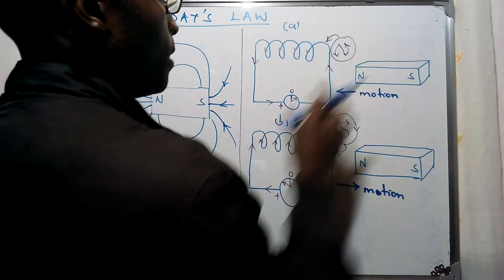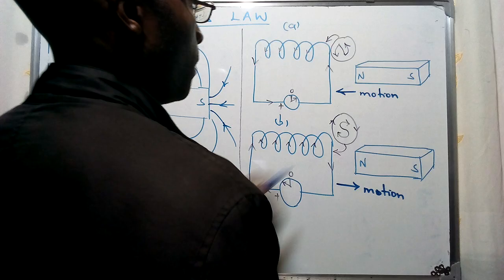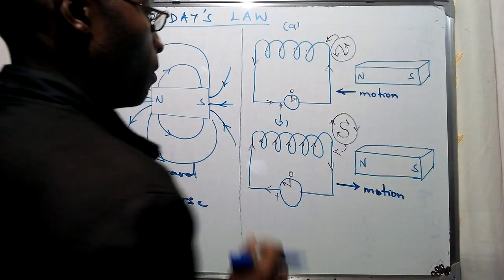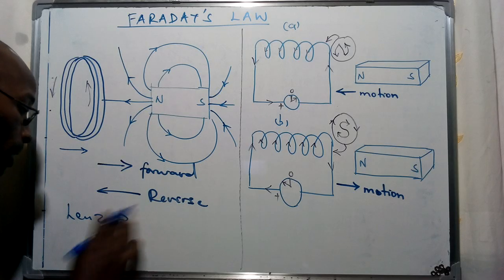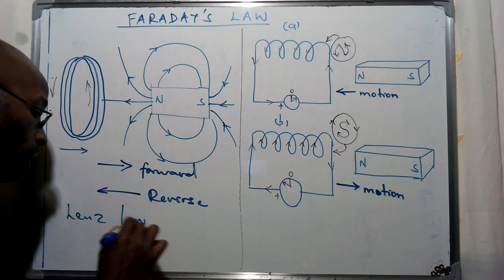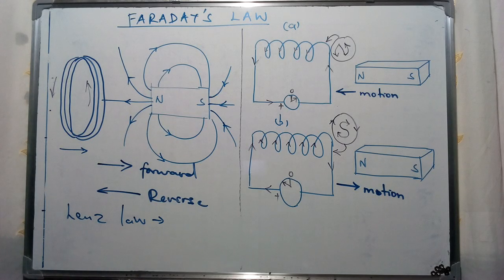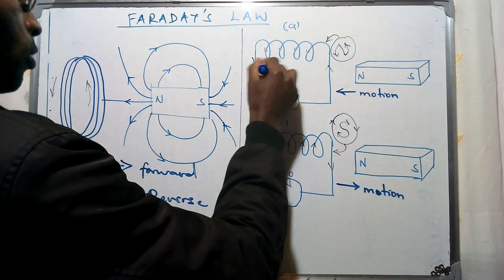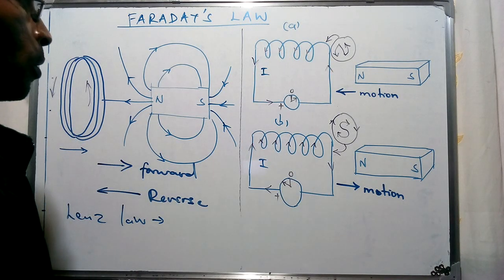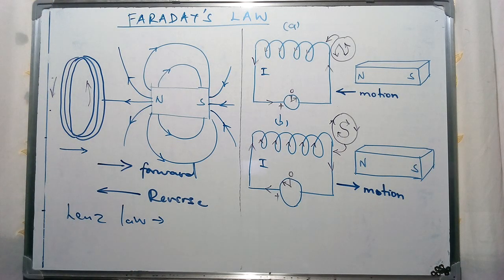Now we can identify this particular direction of the motion of this specific current, or the direction of the current, by using this particular notation from the Lenz law, which we are going to see later. Now I mentioned the works of Lenz. The Lenz law is going to be handy in assisting us trying to define the direction of this specific current. And the Lenz law, of course, is going to play a vital role in trying to identify this current, which I've said is going to flow in these two specific loops, to identify the direction as I've said.